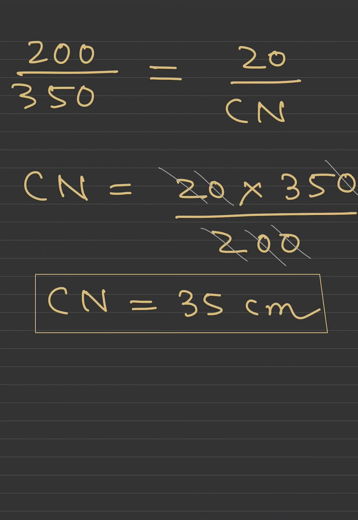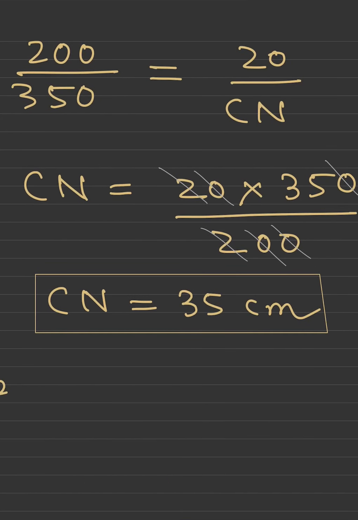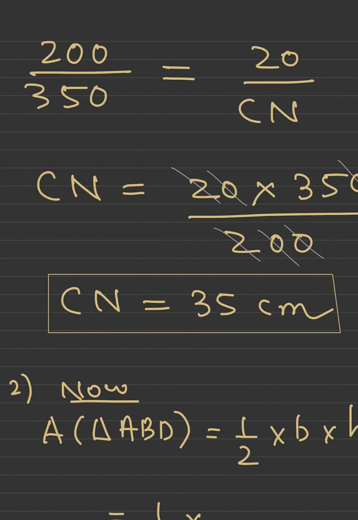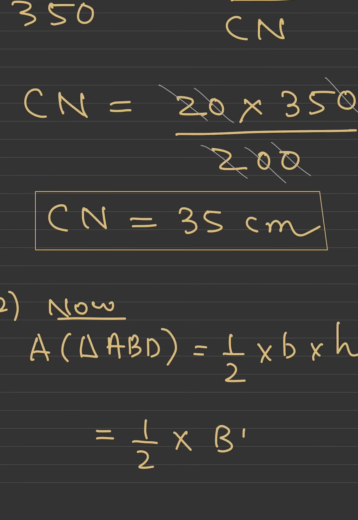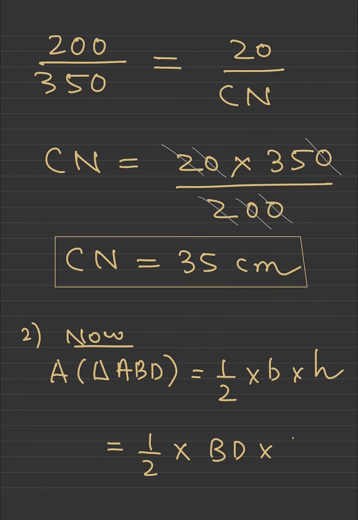So area of a triangle is equal to half into base into height. So area of triangle ABD will be equal to half into the base of the triangle, which is BD, and the height of the triangle, which is AM. Now we put the values there.